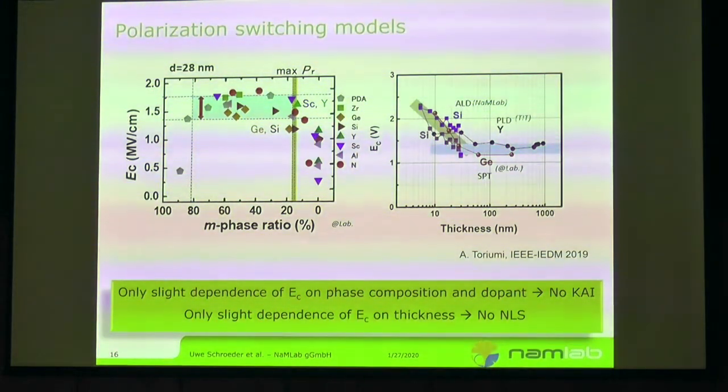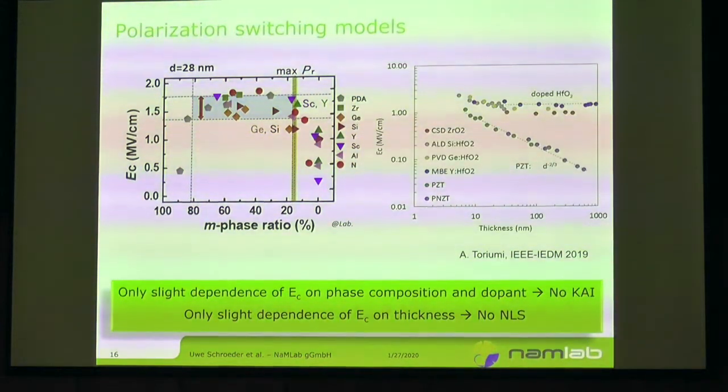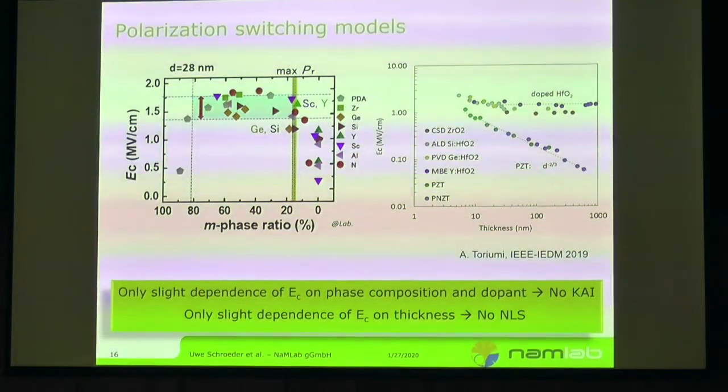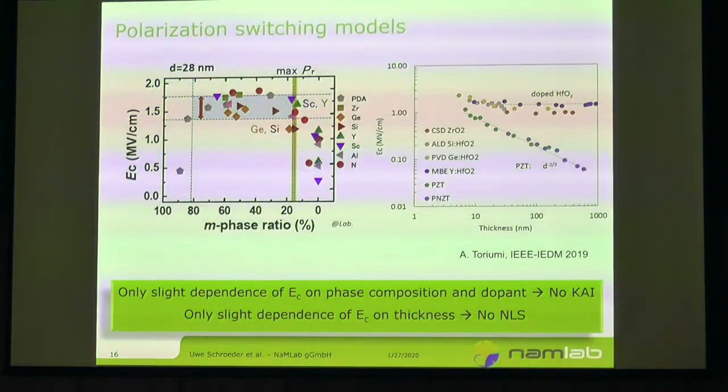This is definitely different compared to the PZT case or other perovskites, where you have the relation to d to the power of minus 2/3 for the switching kinetics and the coercive field. So from this different thickness dependence, we think that the nucleation limited switching behavior is also not a good explanation for what we see for the switching kinetics.